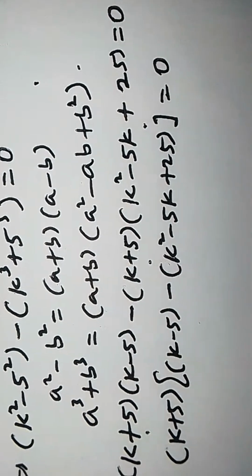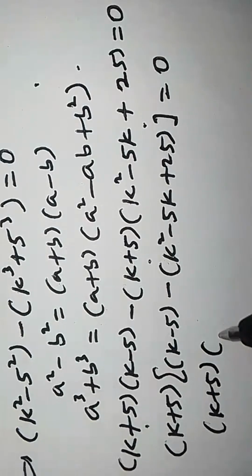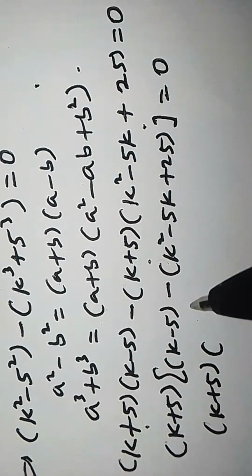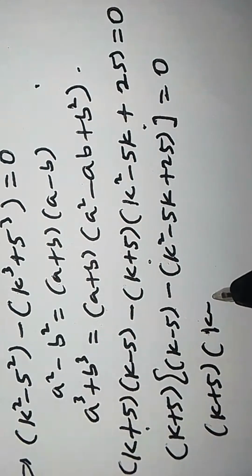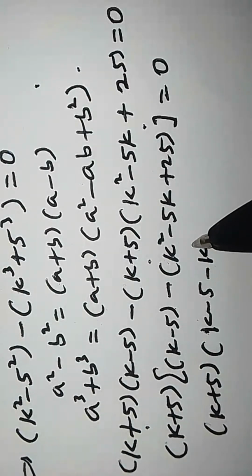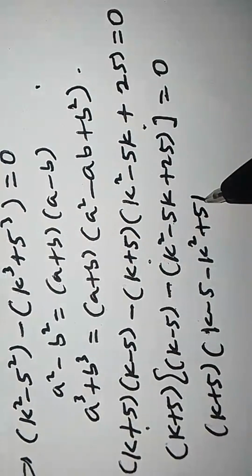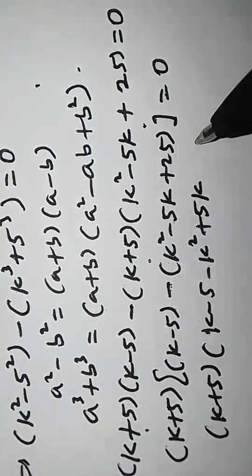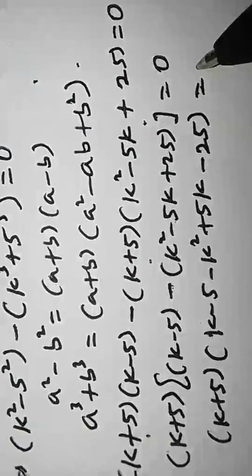Let's proceed further. So we have K plus 5 into K minus 5, just drop the brackets. Minus times K squared, that is minus K squared. Minus times minus 5K, that is plus 5K. Minus times 25, that is negative 25, equal to 0.